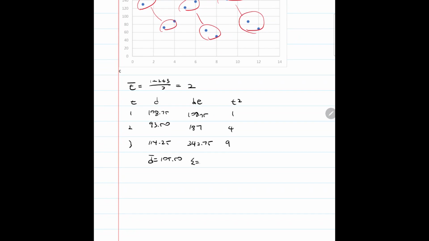Sum will be 638.50. It's hard to read, so 75. And sum of t square will be 14.